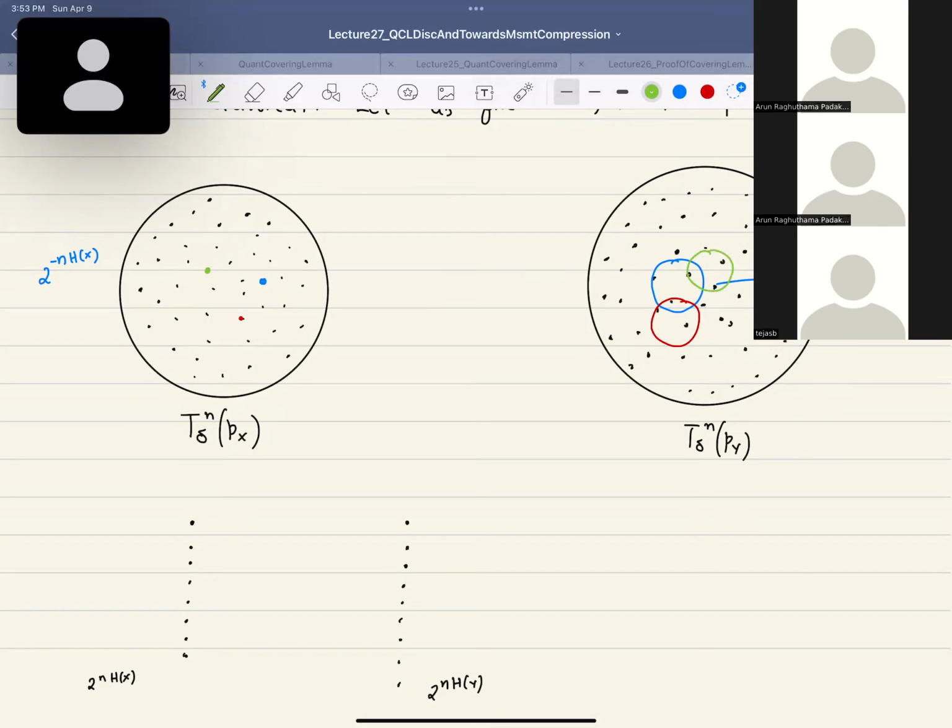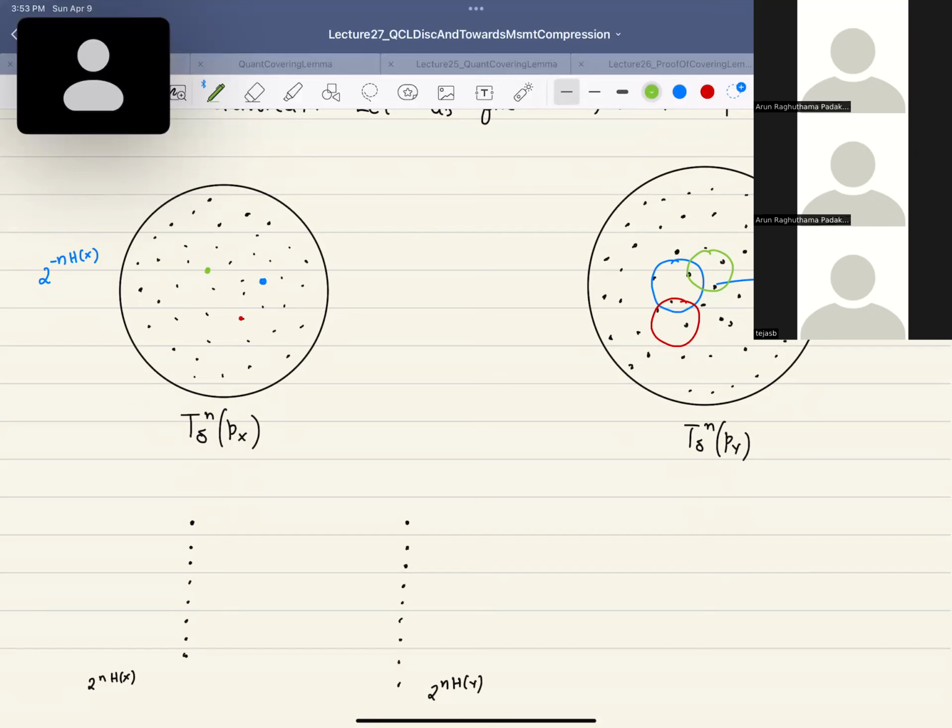Now, if you wait long enough, what is happening? These left colored sequences are picked uniformly, and conditioned on one of them being picked, the sequences in the corresponding colored ball on the right are picked uniformly at random. And it so happens that if you forget the X, it's as though all these balls are uniformly averaged.